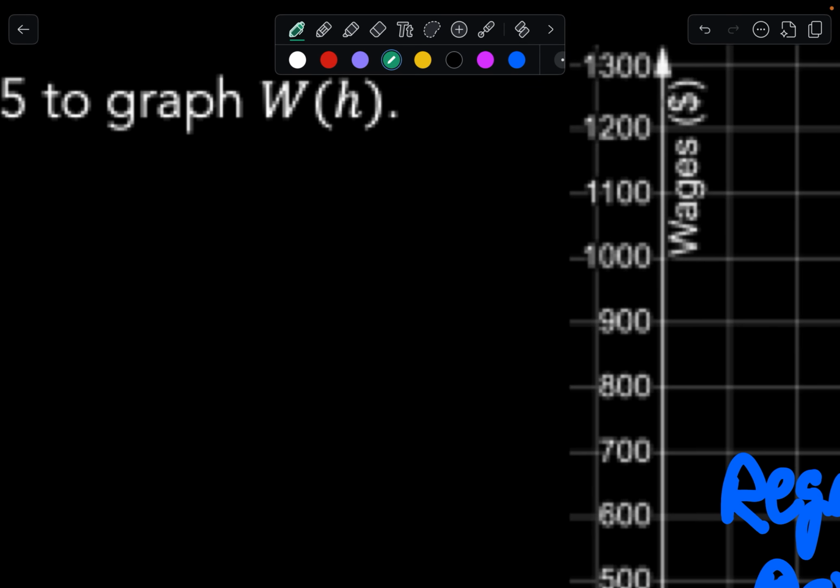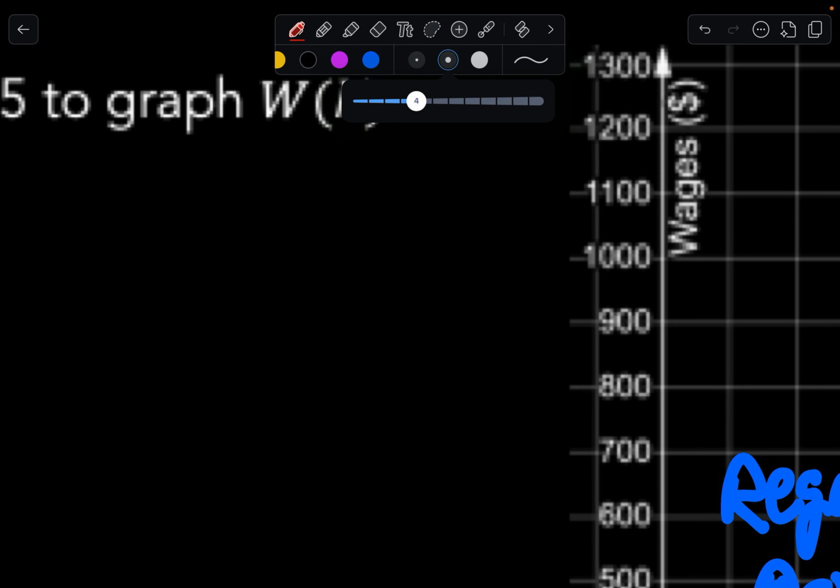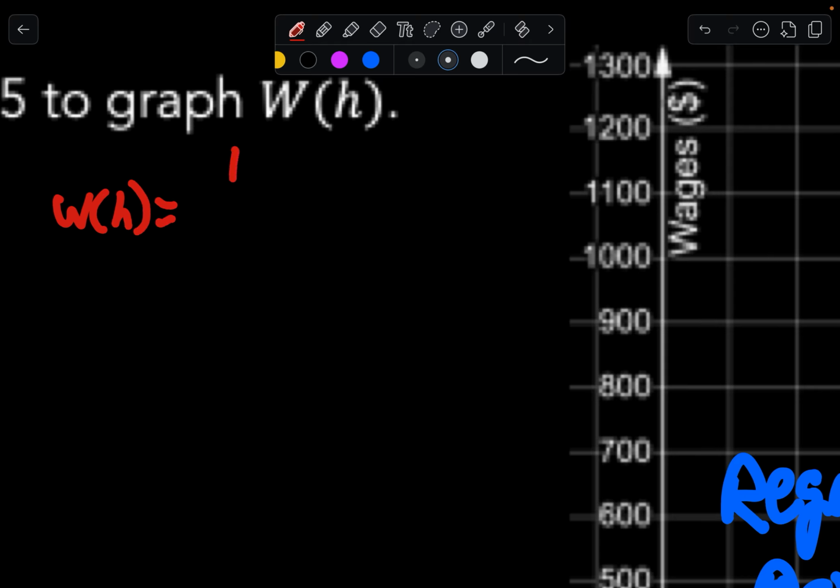So W of H is going to equal 18H for when, and here's the condition, H is less than 40 hours.